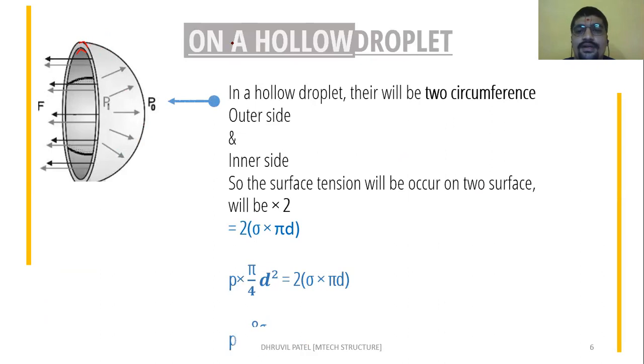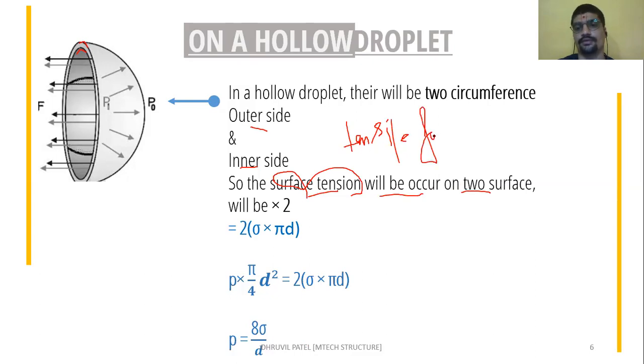In a hollow droplet, there will be two circumferences, outer side and inner side. My mistake, in this position you can write tensile force. I'm sorry. So tensile force will be acting on two surfaces.